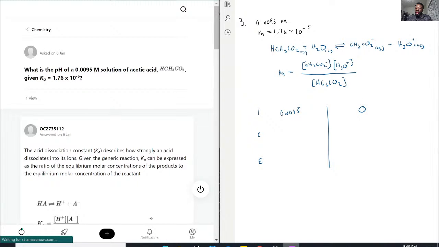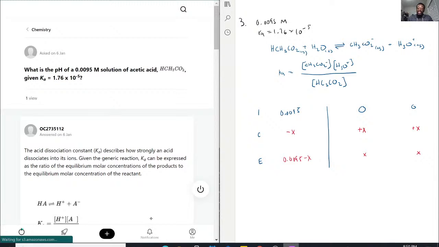And same thing with the hydronium, we just started at 0. The change based on the formula above will be that for every loss of X of the acid, these two will gain an X. So what we have here is 0.0095 minus X, and then we have just X and X here.